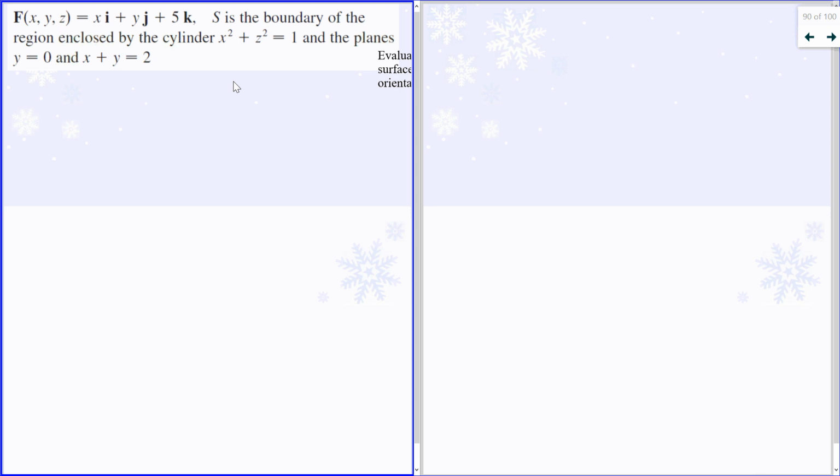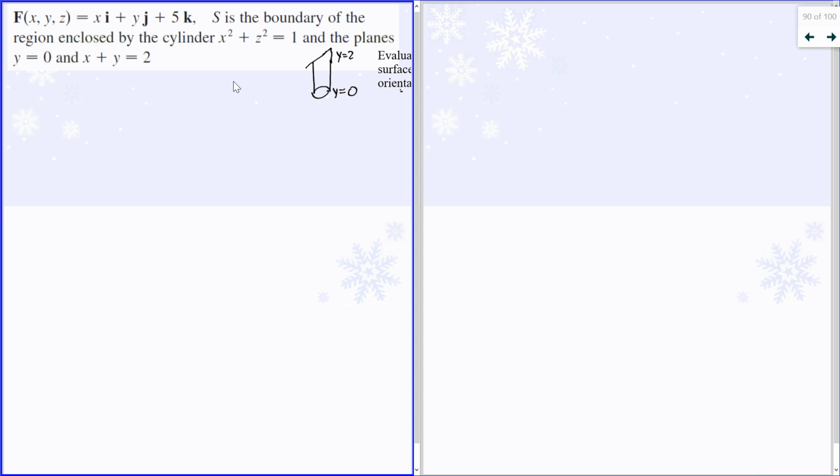So I'm just going to orient this the way my mind thinks of it, even though if you want to consider it oriented a little bit differently, you can rotate it. But that's essentially what's happening. We have y equals 0 on the bottom.